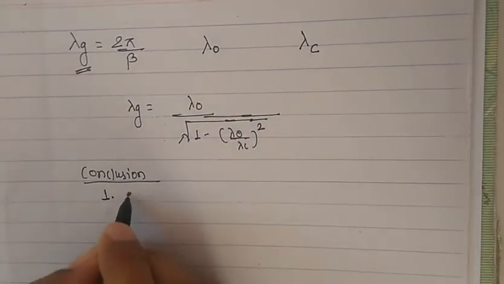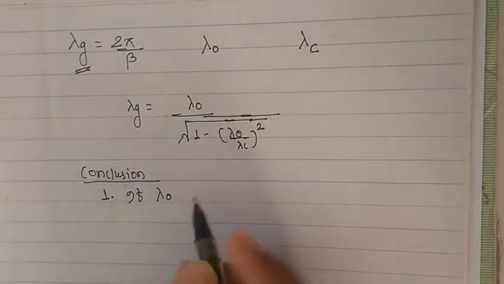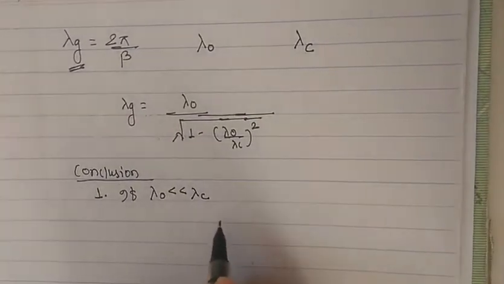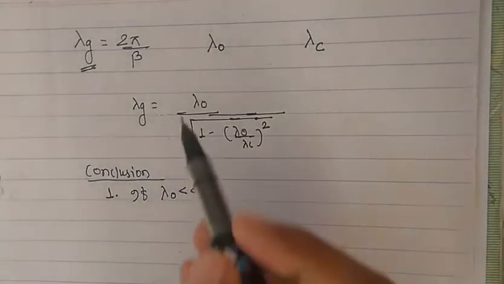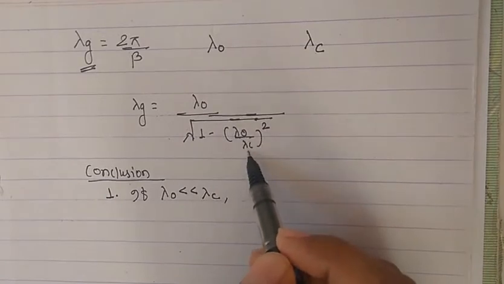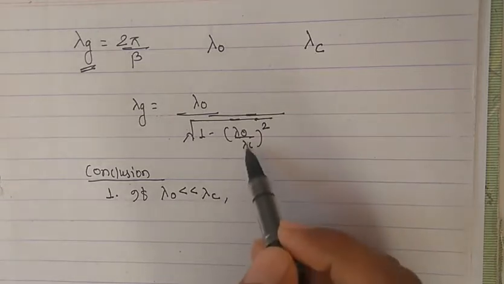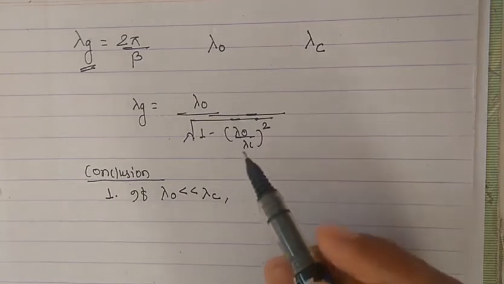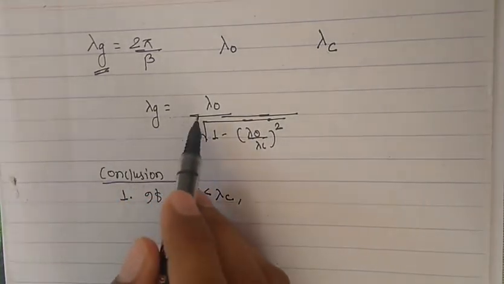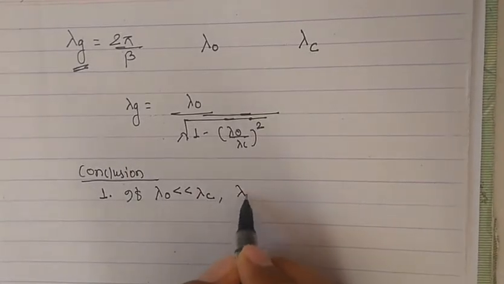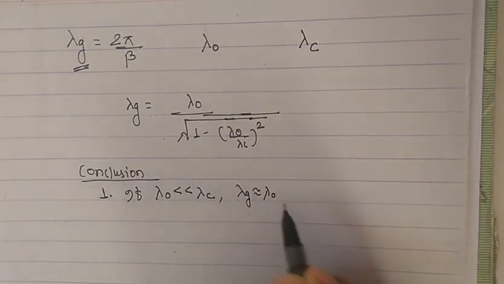First condition: if lambda 0, the free space wavelength, is very much less than the cutoff wavelength lambda c, the denominator is approximately equal to 1, and lambda g will be approximately equal to lambda 0.